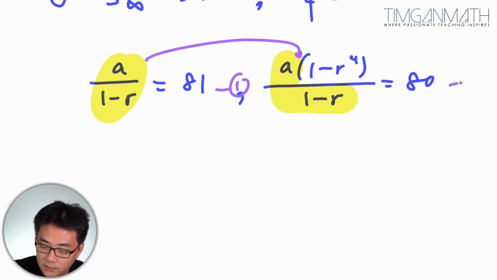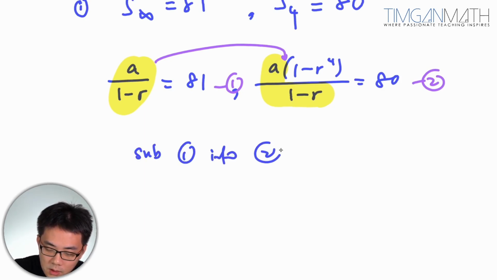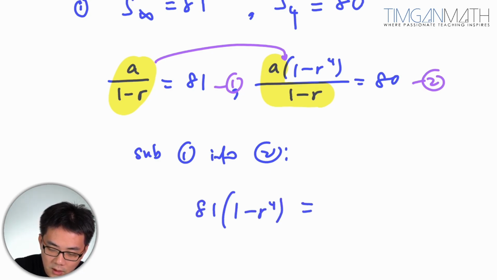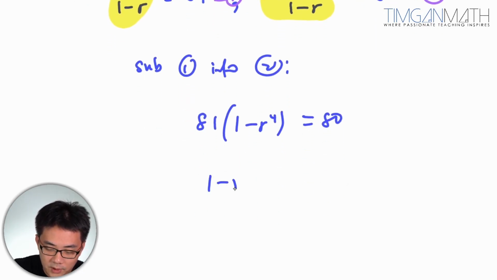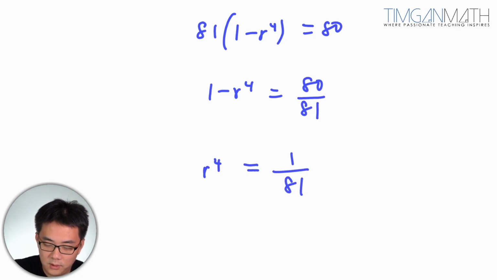So substitute 1 into 2. We get 81 times (1 minus r^4) equals 80, and after which 1 minus r^4 equals 80 over 81. And that would give r^4 equals 1 over 81.